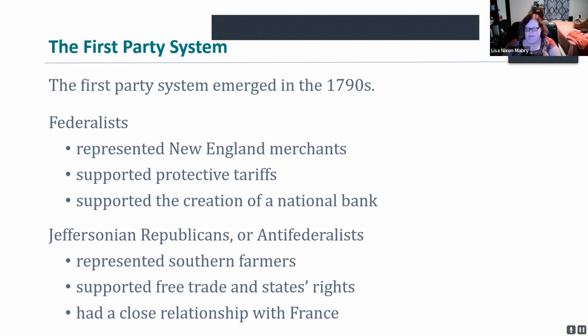So the first party system is the Federalists and the Jeffersonian Republicans. The Federalists were the same Federalists that were for the Constitution ratification. So your New England merchants, they wanted protective tariffs to protect their businesses and to not get gypped by bad trade. And they wanted a national bank created.